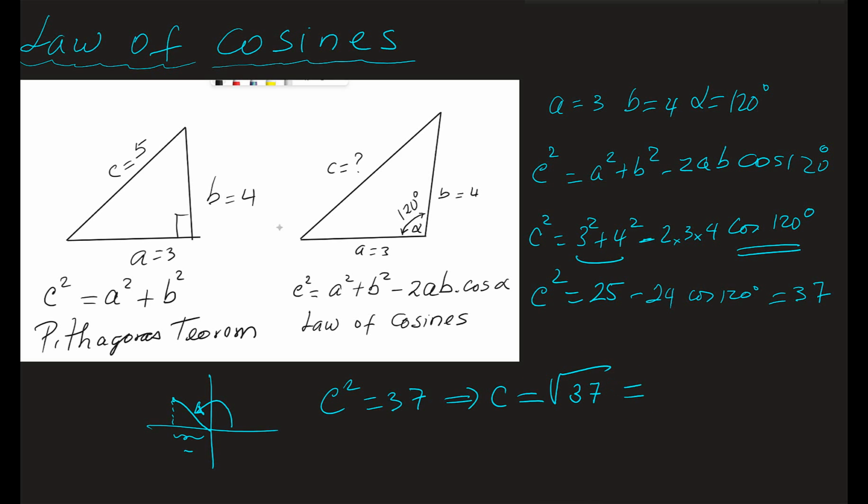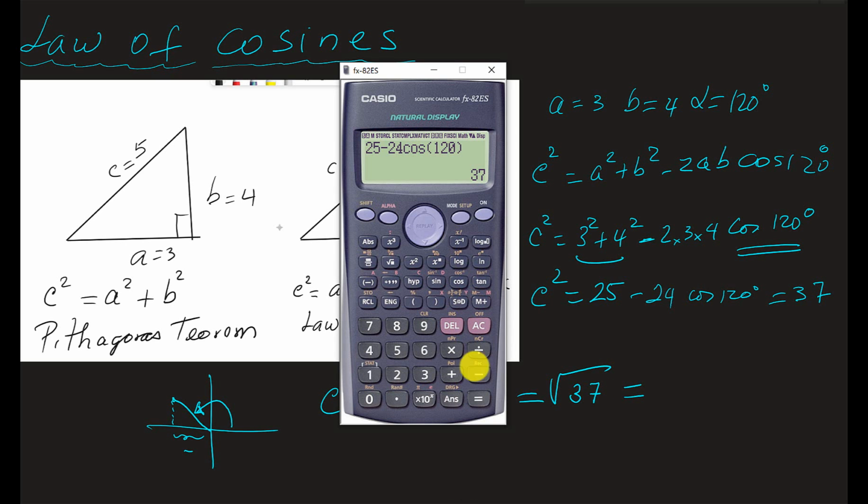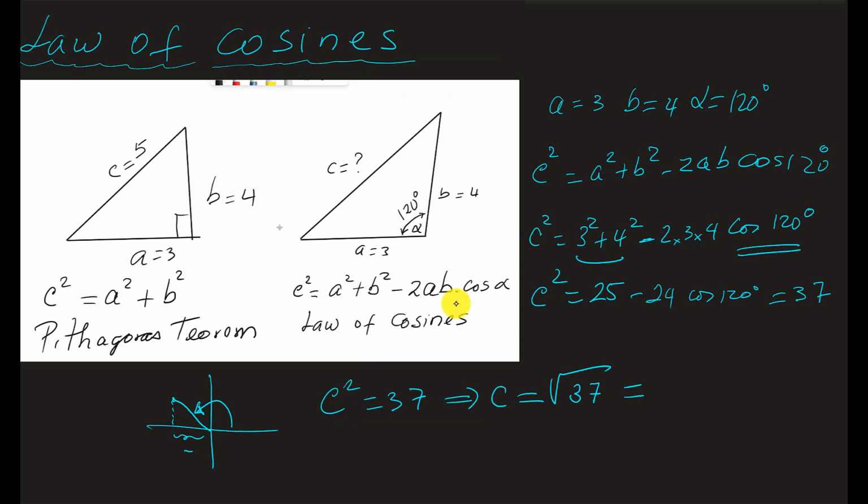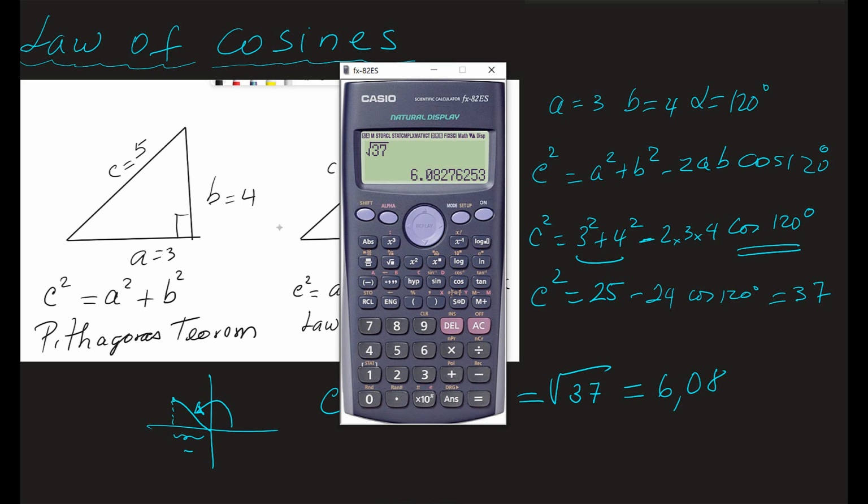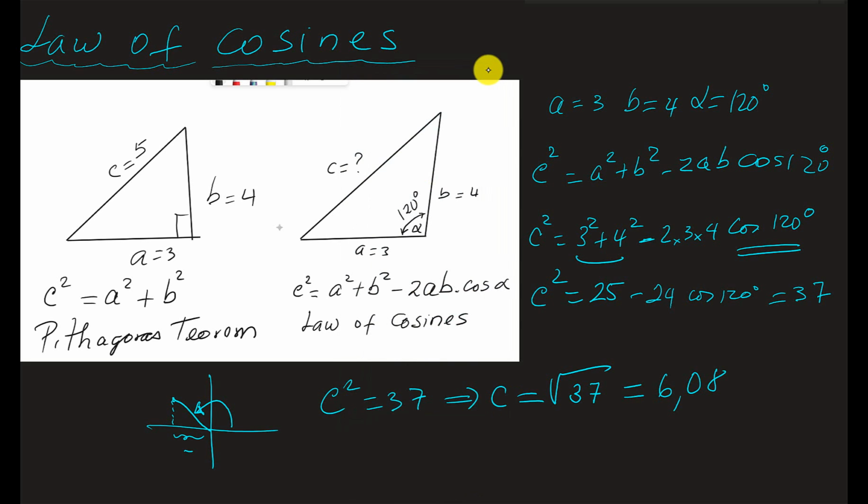And use the calculator again. The square root of 37 gives you 6.08 approximately, an approximation. 6.08 is bigger than 5, you know?